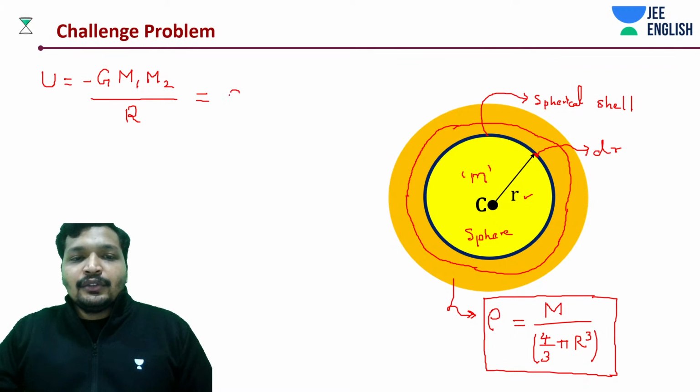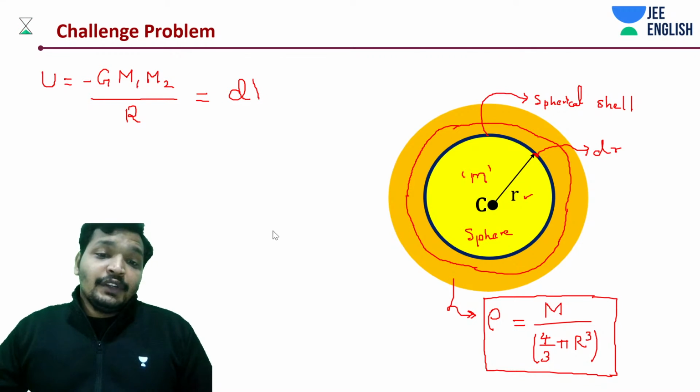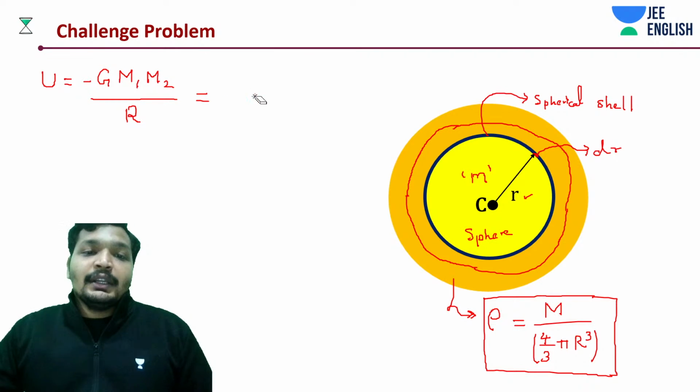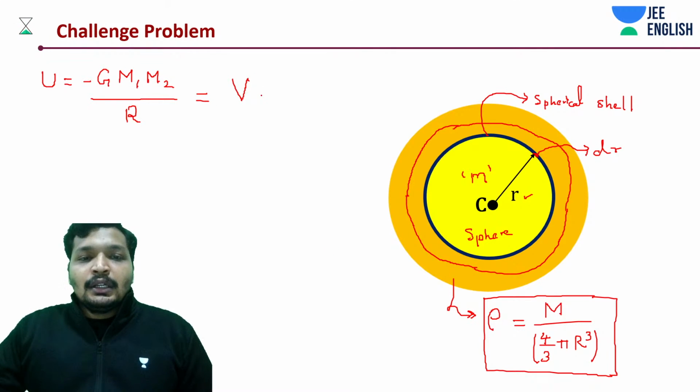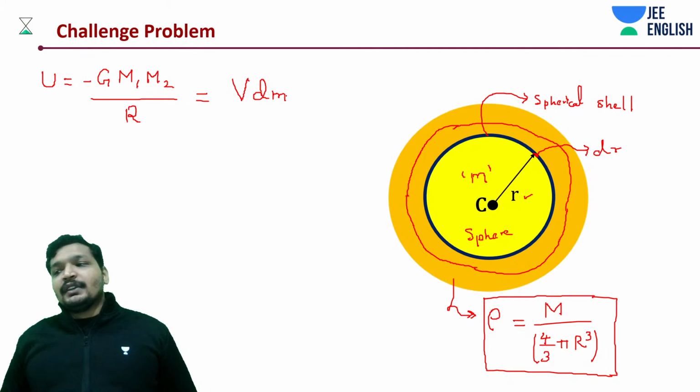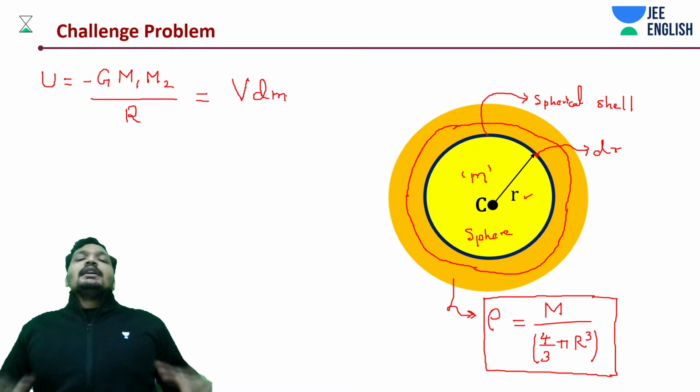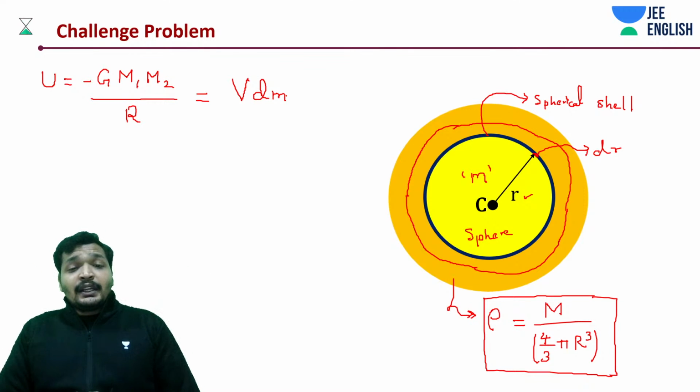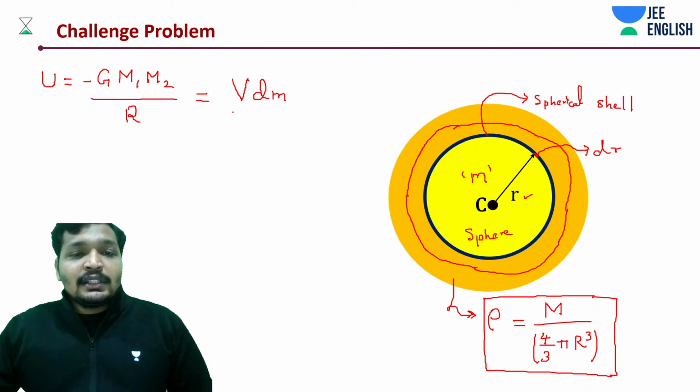It's basically dV, or it could be like V, the potential, dot dm. Okay, now this dm is not the same thing that we dealt with until now with hollow spherical shells. It's rather a solid sphere.